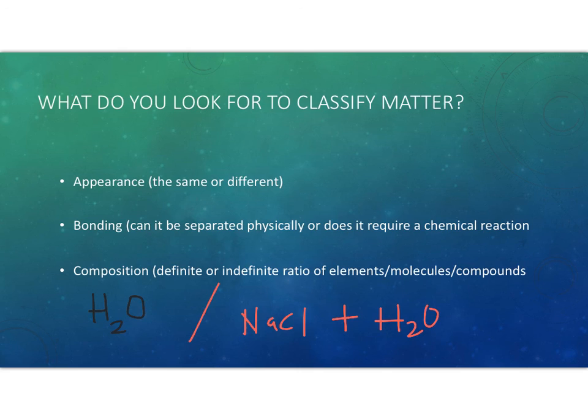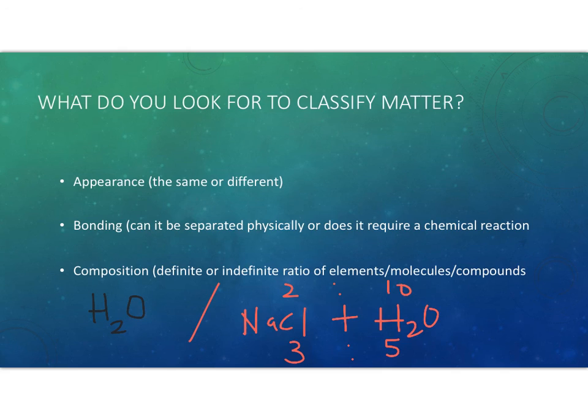An indefinite ratio is the number of salt particles to the number of water particles. If I make this sample, there may be 3 salt particles to every 5 water particles. But if somebody else makes a sample, it may be 2 salt particles to every 10 water particles.